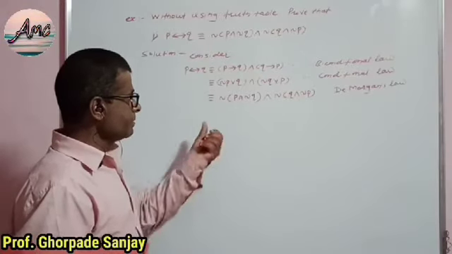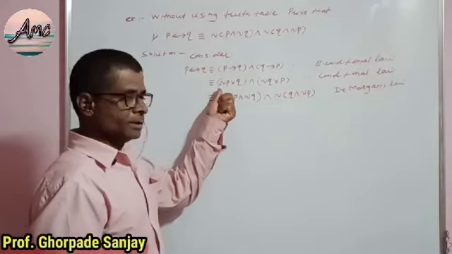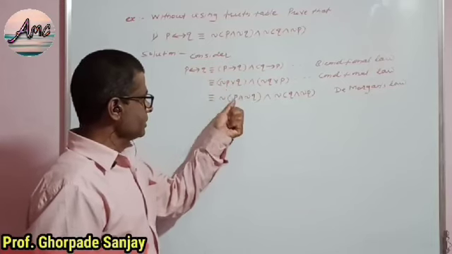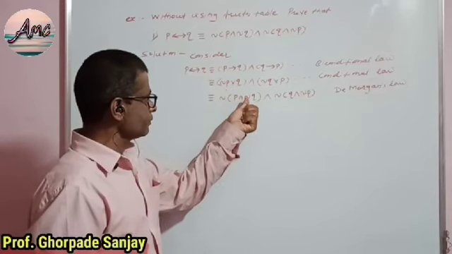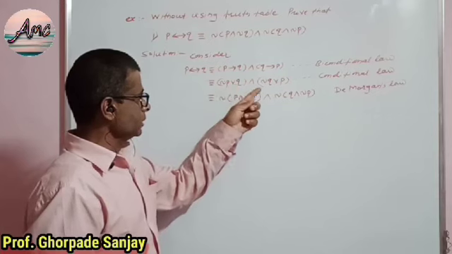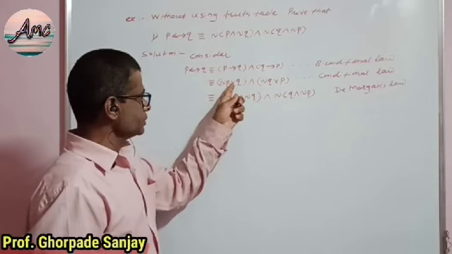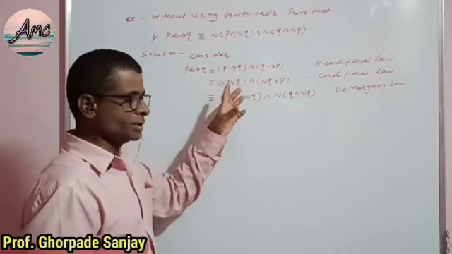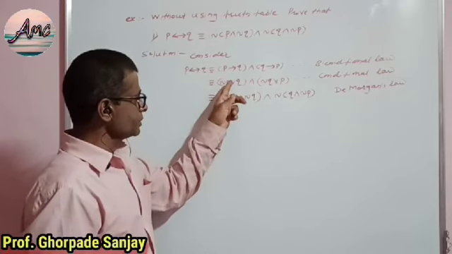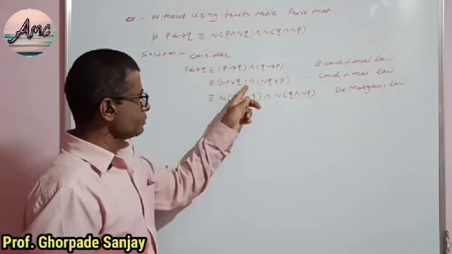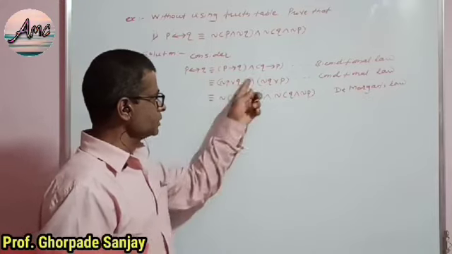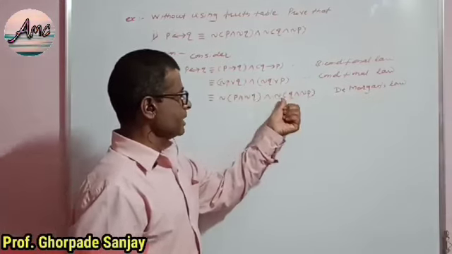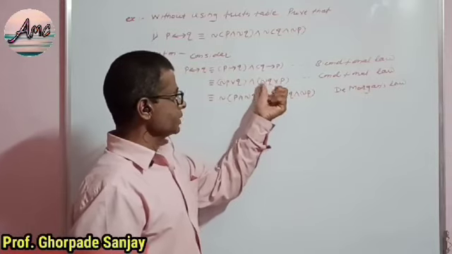Now by De Morgan's law, apply negation to this. So negation of P conjunction negation of Q. So in De Morgan's law, the disjunction changes to what? Conjunction. And you have to take the negation of each statement. So here negation of P will get P, and negation of Q becomes negation of Q, conjunction as it is. Again you apply the De Morgan's law, take the negation of this.